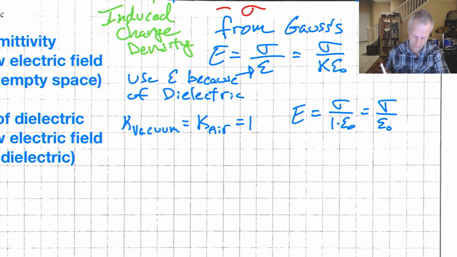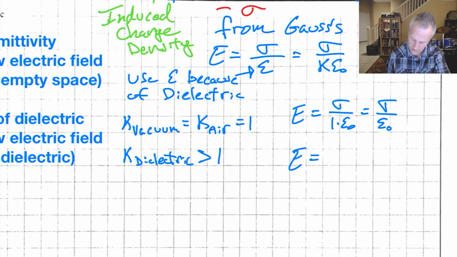And K for a dielectric is greater than 1. So we get E equals sigma over K epsilon naught.